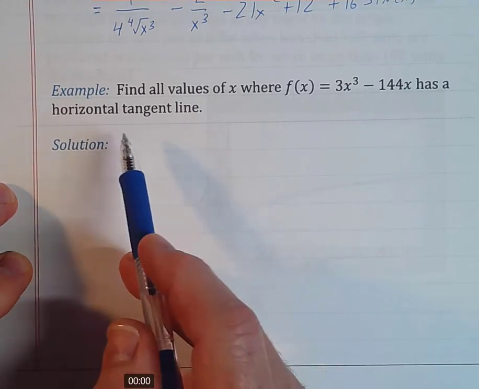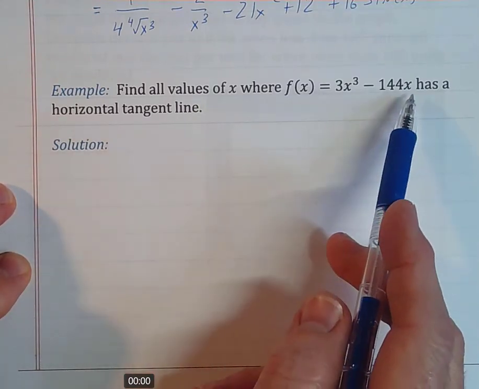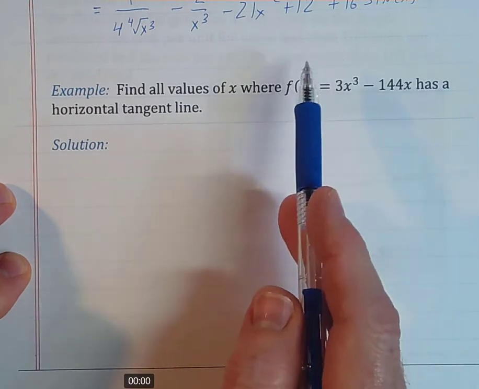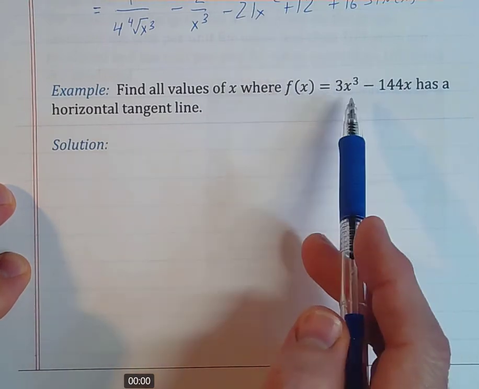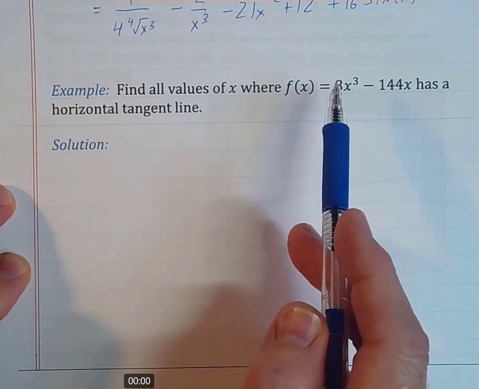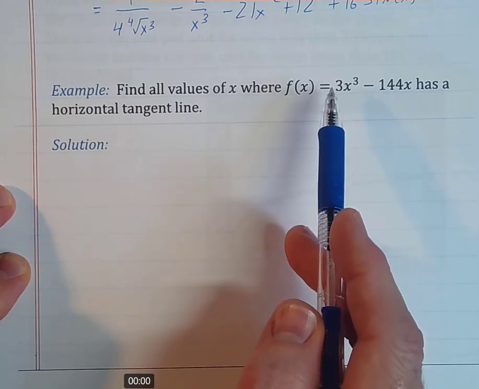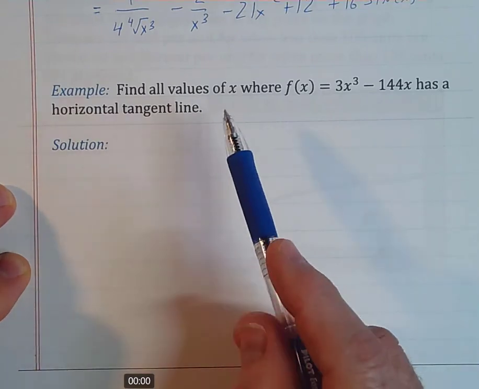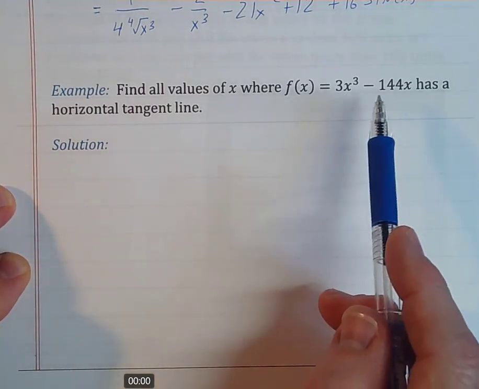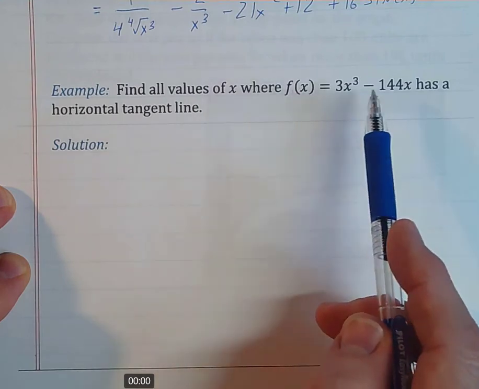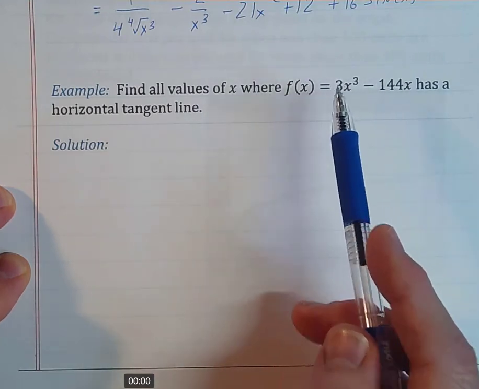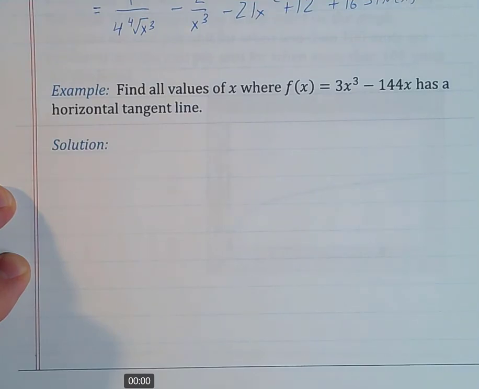Now let's remember, when I have a function, I can think about any point along the graph of this, and the slope of the line that's tangent to that point is what the derivative is giving me. And so I want to know all the values of x where I have a horizontal tangent line to this function. So that's saying I want the tangent line to be horizontal.